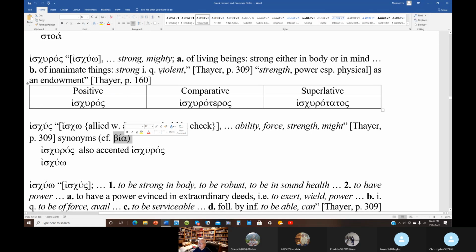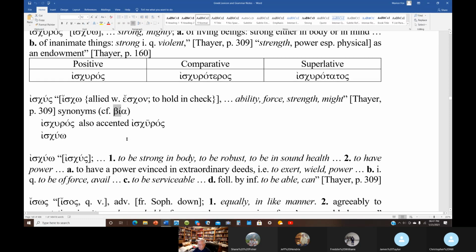So right here, let's come over here. Thayer will tell you this. What I did in my copy of Thayer is I went ahead and put cross references in my Thayer. I just wrote down the pages where it discussed these words elsewhere, like it discussed it on 309 and 160 both. So on page 309, I wrote page 160, and then on 160, I put 309. So I cross-referenced it. That's just for my purposes, right? So it's ischus here, right here, and let's go to bia.